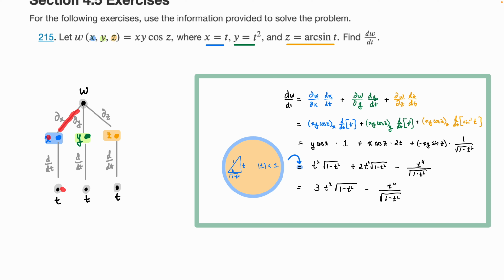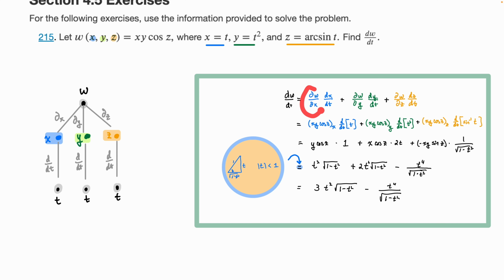Hence, this branch here is labeled with a partial derivative, and this branch here is labeled with a full derivative. And so you need to be careful when you write that out. And then you repeat for each variable, x, y, and then z, where you have a partial being multiplied by a full.